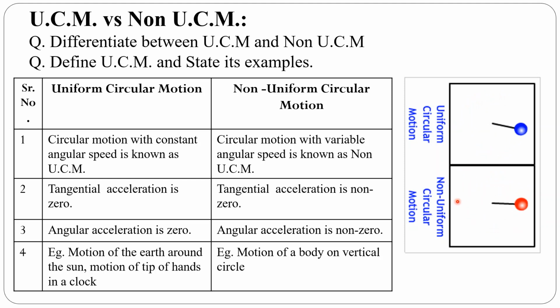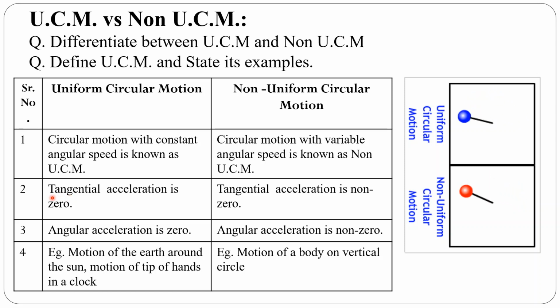The red object has variable angular speed, the speed changes, so it is non-uniform circular motion.